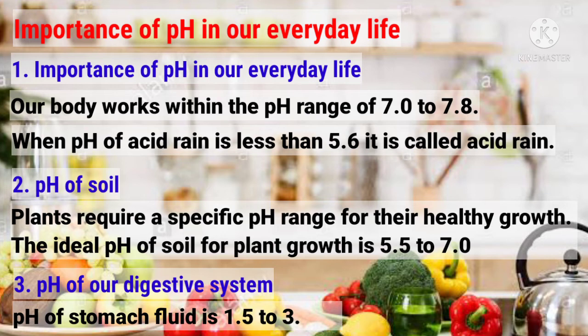To get rid of this pain, we use antacids such as milk of magnesia, which is also called magnesium hydroxide. When we consume this magnesium hydroxide, it reacts with the acid produced in our body and neutralizes its effects, and hence we feel relaxed.